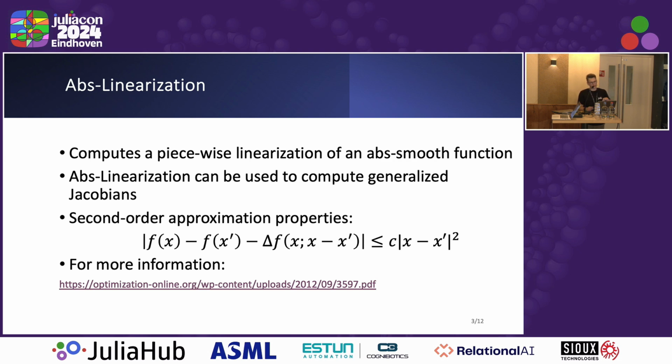In addition, the convergence properties of the ABS linearization are quite well understood, and there are, for example, second-order approximation properties. Also, an important aspect is that it's quite easy to introduce this to a forward mode system. For more information, you can find this in the paper mentioned in the presentation.